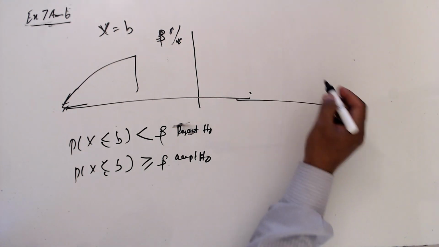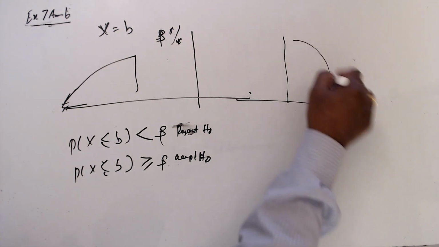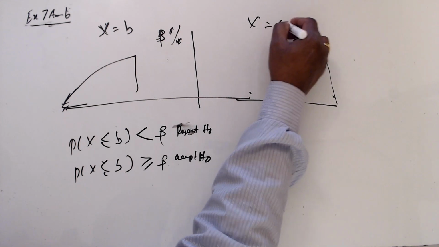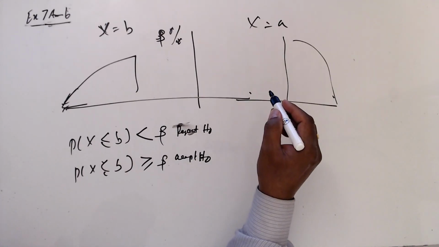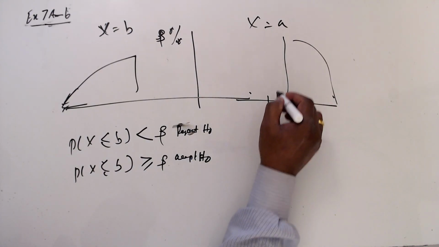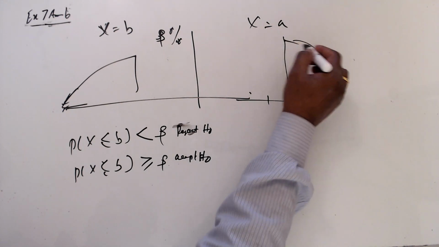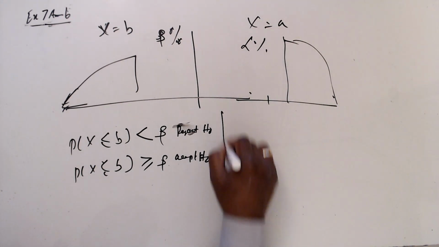Likewise, assume that X has value a, and the threshold is alpha.